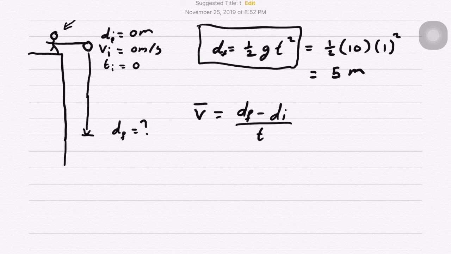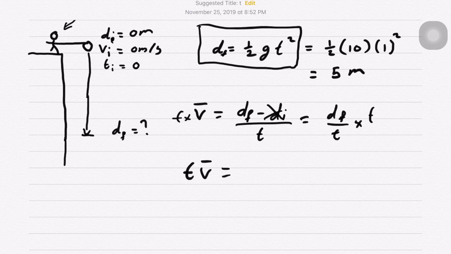And in this particular case, you can cross out di because di is 0. So what you have left is df over t. That will give you your average velocity. And if you just multiply both sides by t, that'll give you t times v equals df.